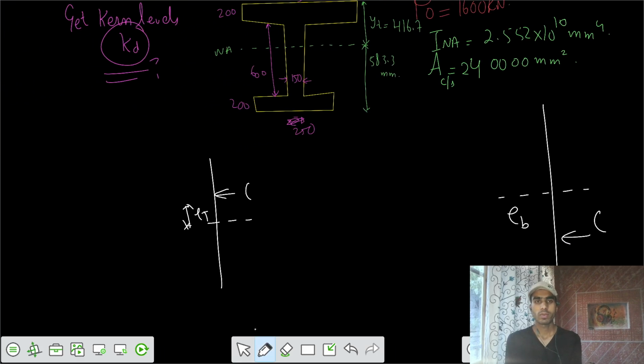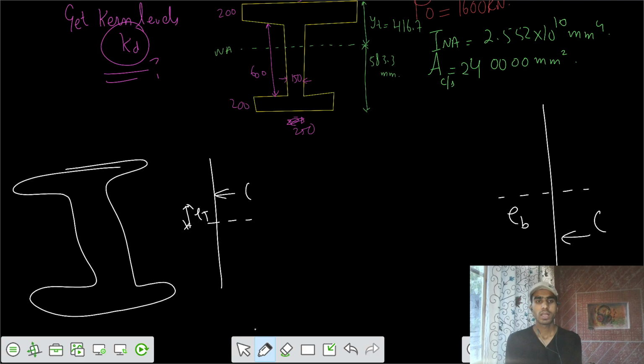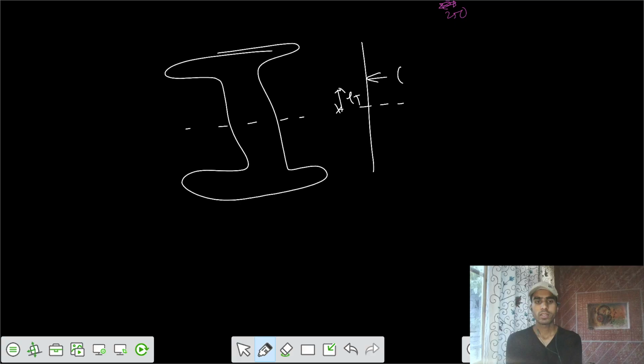I would say you had some general section. We don't care about the section. There's some neutral axis, and because of this first condition, the stresses would be: one stress equals C by A, and one more stress is because of the C e top by Z. Because this is a positive moment, it causes sagging moment. So top compressive, bottom tensile.